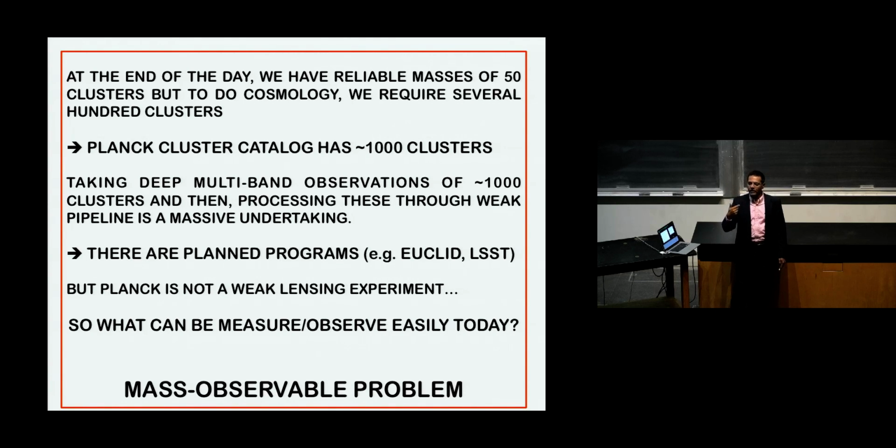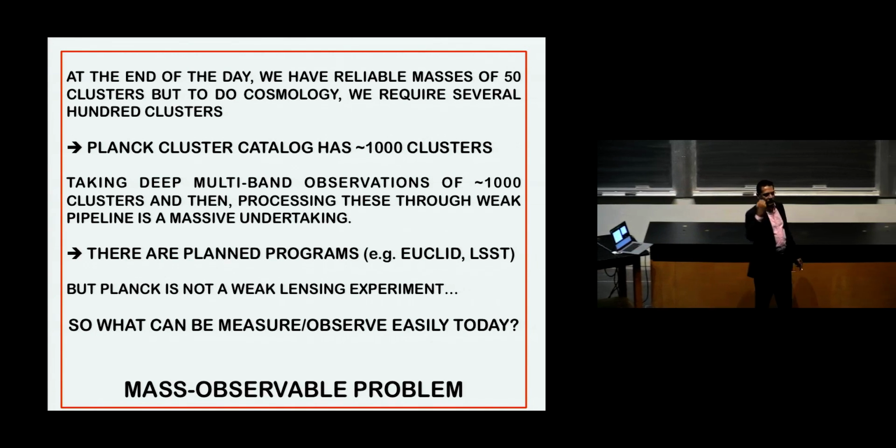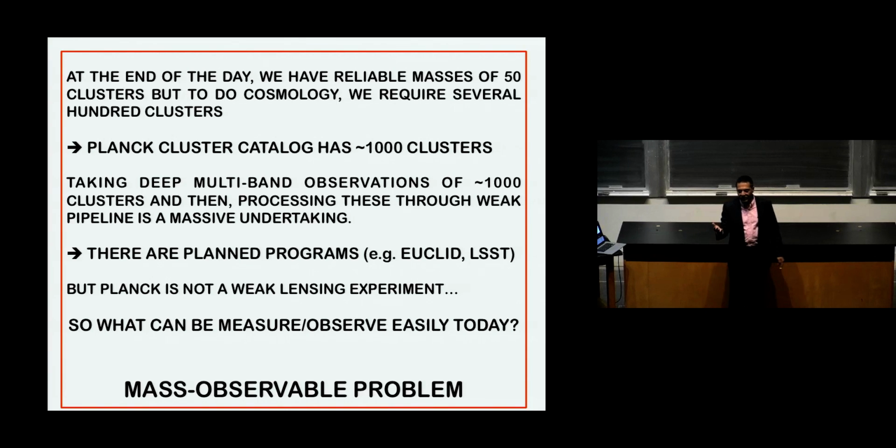So in a nutshell, if you have photons from the microwave background coming at you and you detect them completely untouched, then you see a perfect black body at roughly 3 degrees Kelvin. If the photons are passing through clusters of galaxies where there is hot gas at about 10 million degrees Kelvin, then some of the photons will interact with the electrons, and you will have a depletion in the Rayleigh-Jeans part of the spectrum.